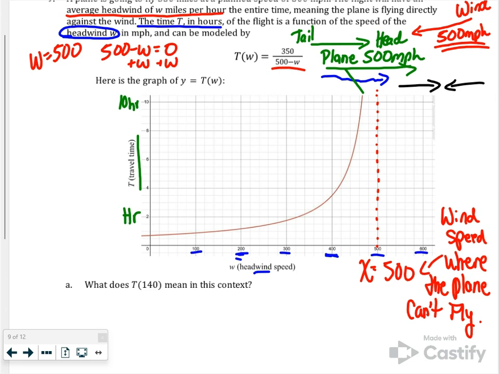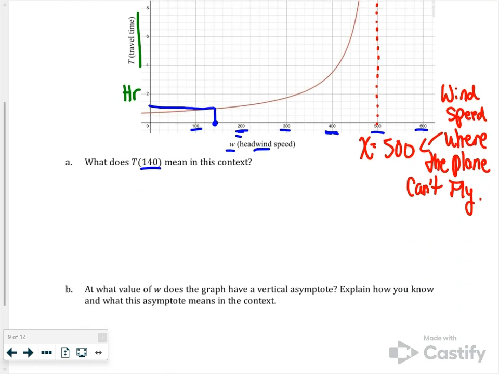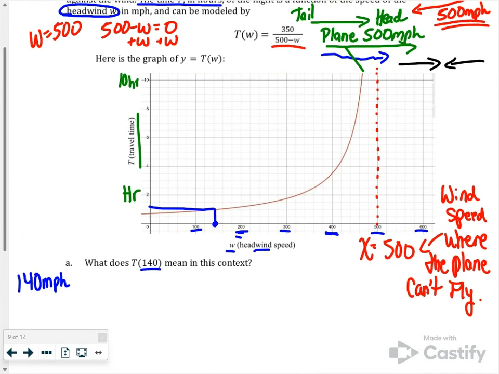Okay, so just keep in mind that when you have 140 as the input, they're talking about 140, which is about right here. Okay, right there. So what we could do, it says, what does T of 140 mean in this context? So keep in mind that it's 140 miles per hour wind. And we can plug that 140 into our equation right up top here.